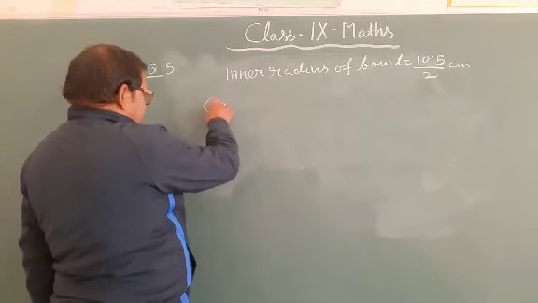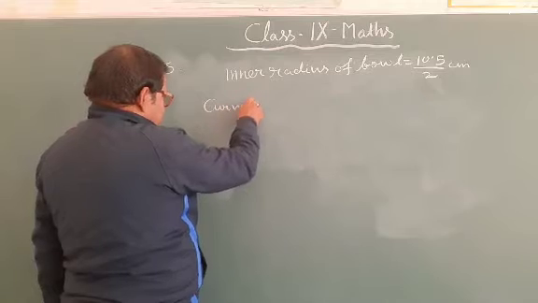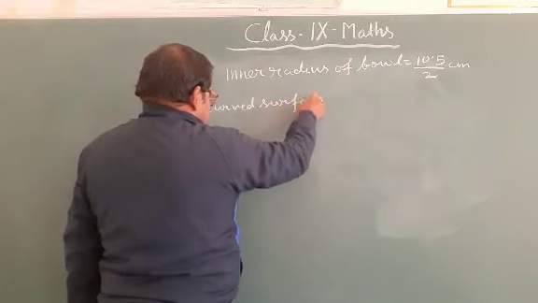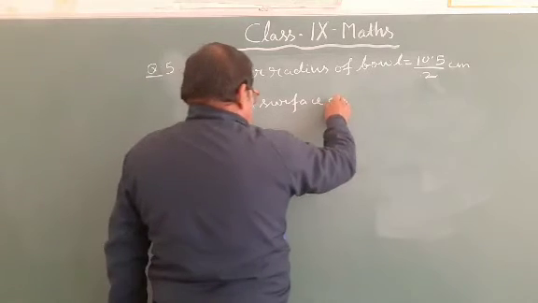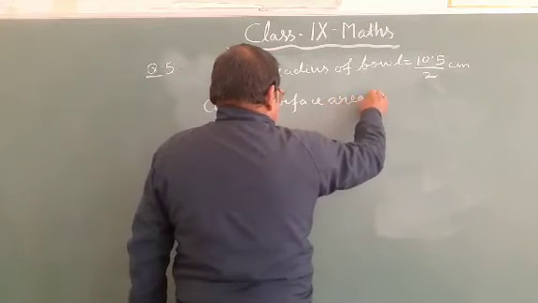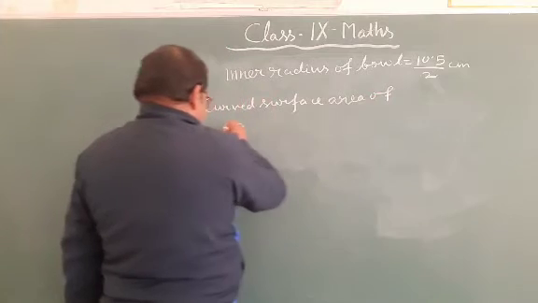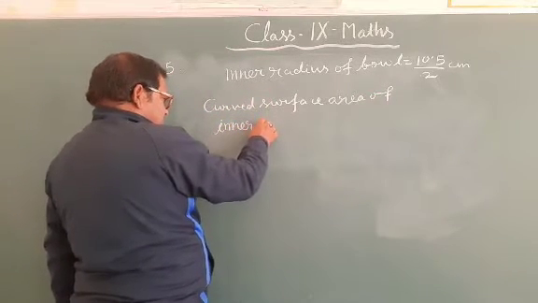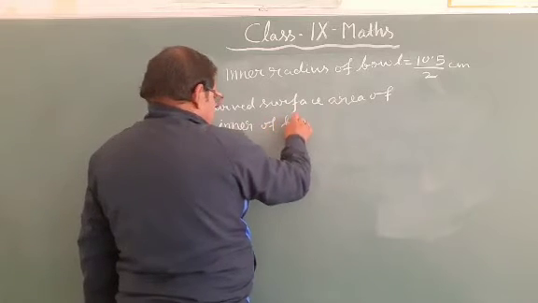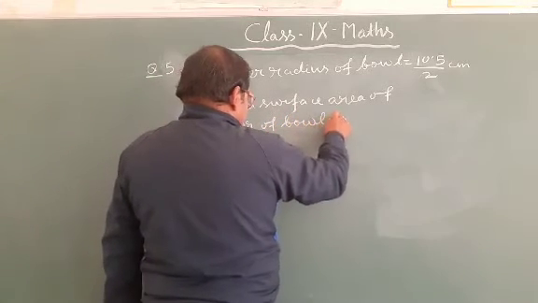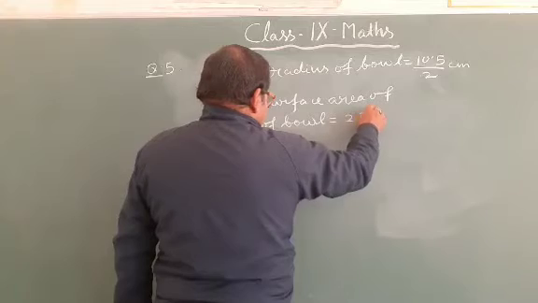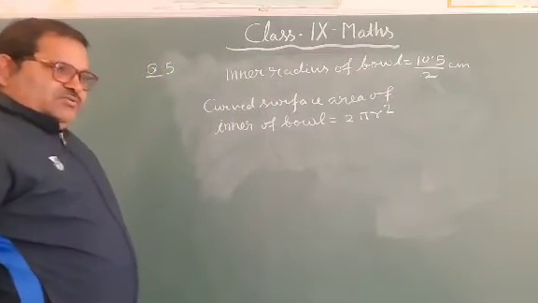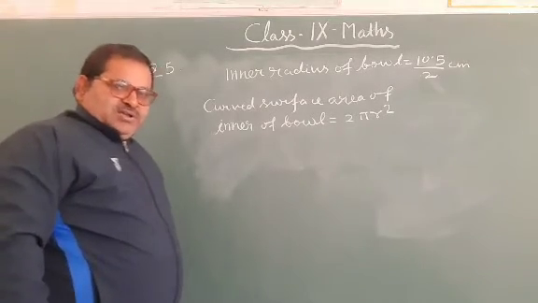Find the curved surface area of the inner of bowl, equal to 2 pi r square.